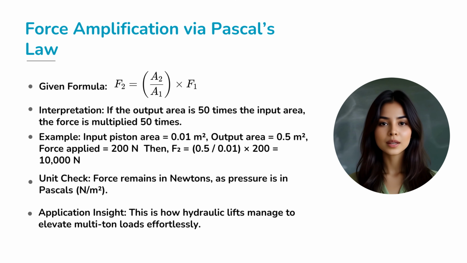Using the formula F2 equals A2 divided by A1 times F1, we get F2 equals 0.5 divided by 0.01 times 200, which gives F2 equals 10,000 newtons. Yes, just 200 newtons at the input results in 10,000 newtons at the output. That's a 50 times increase. This is how hydraulic systems can lift trucks, move bridges, and crush metal with just a little push.